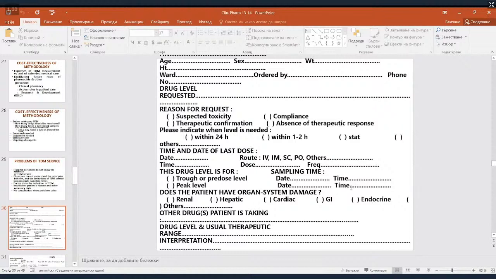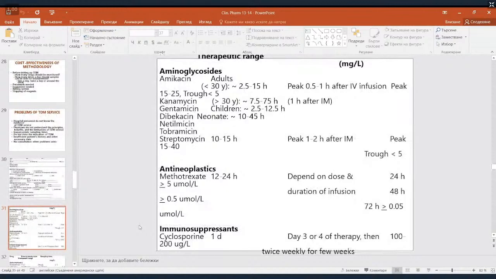So when the nurse or you or some other person took the sample from the patient, when was the blood taken? And again, here we need this information exactly to the minute. Does the patient have any organ system damage, like renal, hepatic insufficiency? And this is how a form looks like.